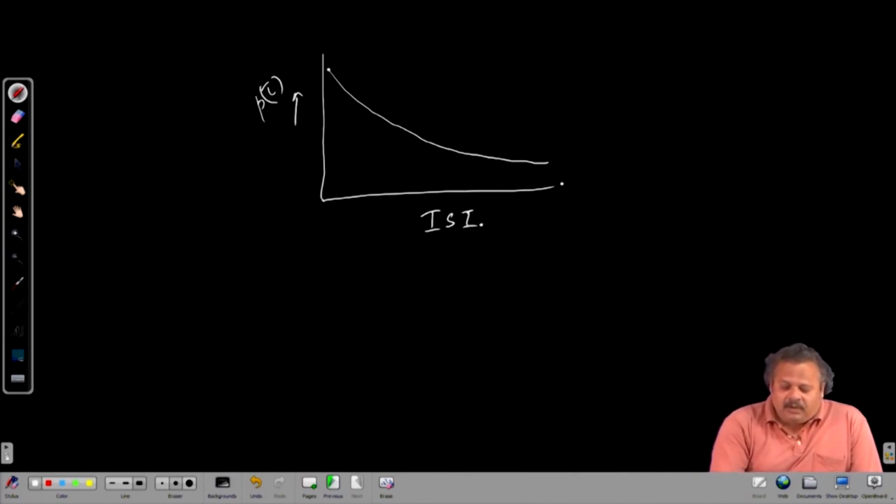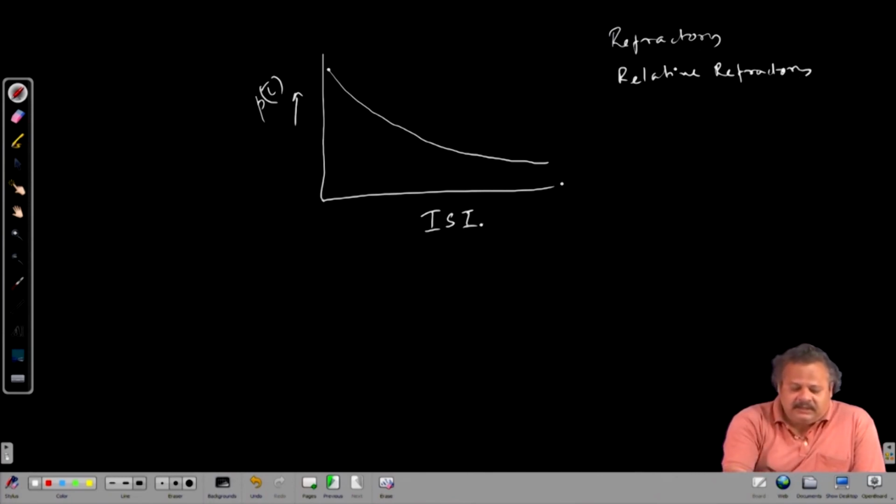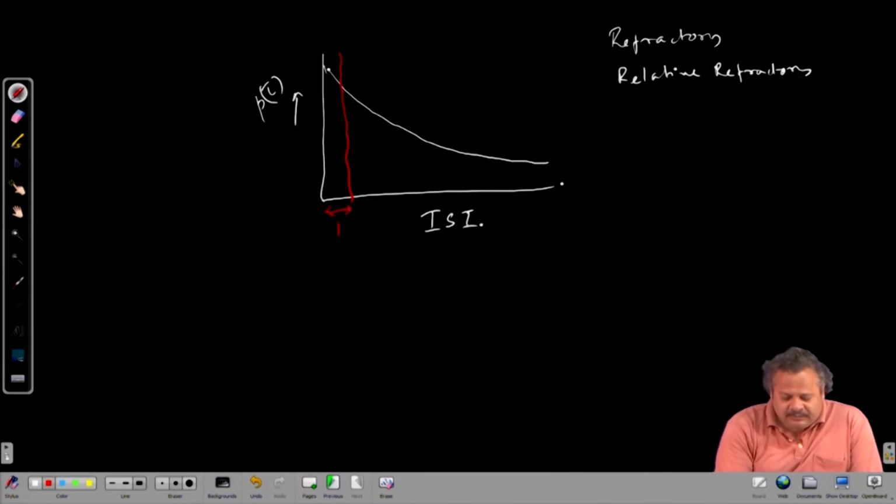However, because of the refractory period that we have studied, and the relative refractory period, we cannot get any spikes at this short interval, which is the same as the absolute refractory period, about a millisecond or so.